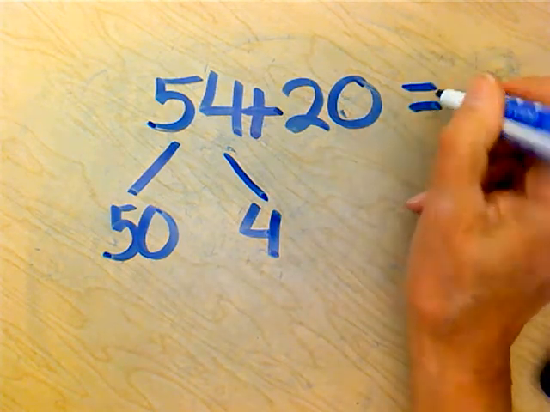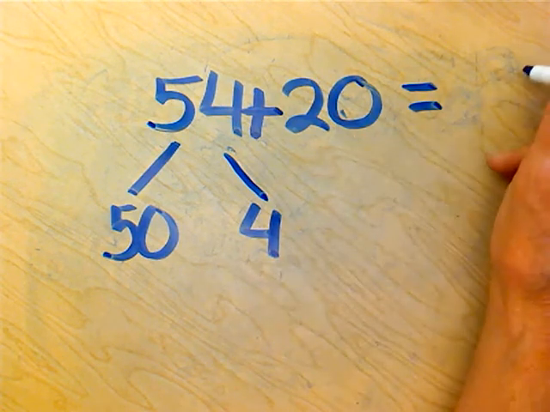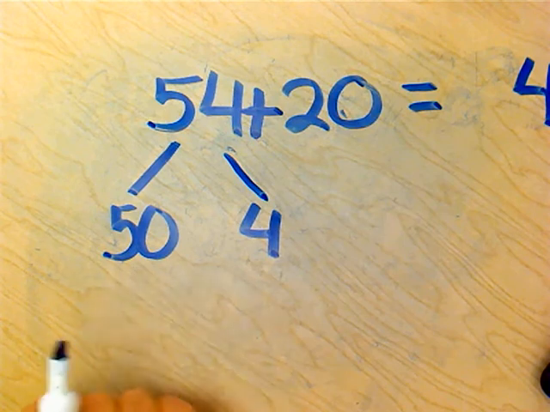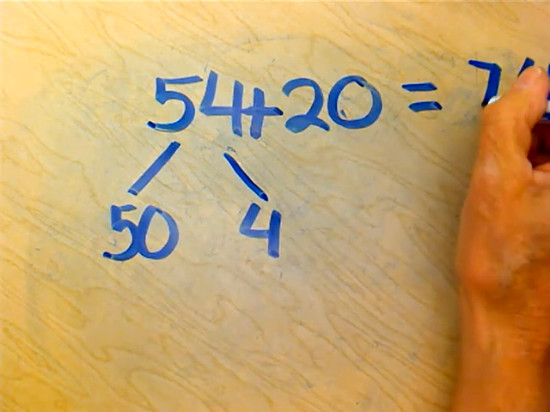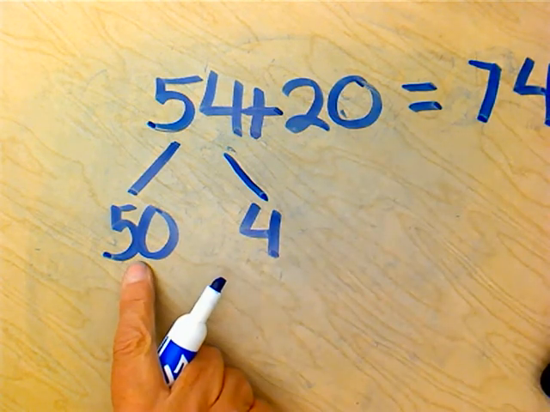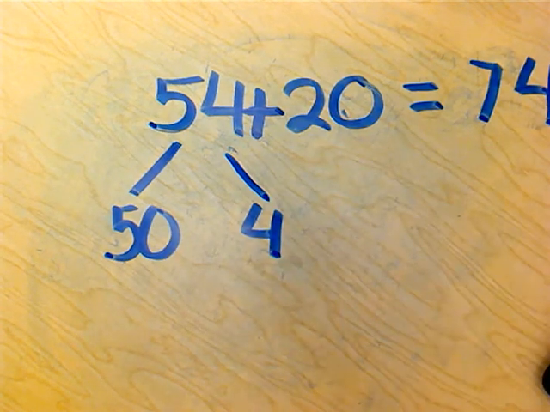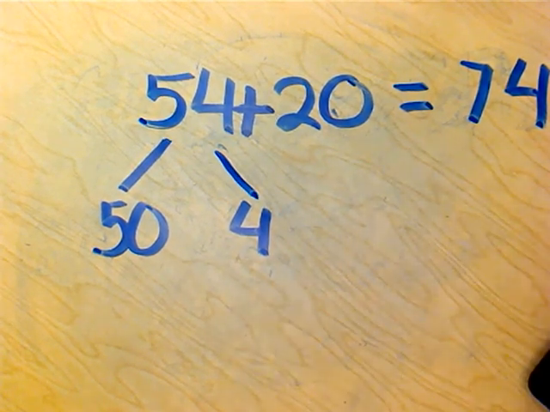I don't. So I'm adding 4 ones plus 0 ones gives me 4, and 50 plus 20 gives me 70, so I get 74. Can I still figure that out using those basic facts? I absolutely can.